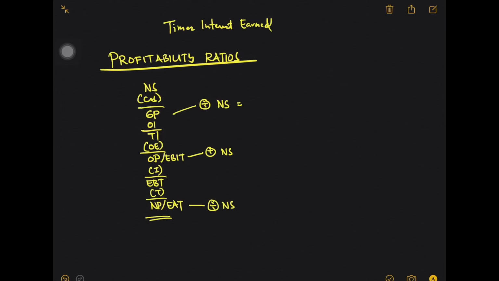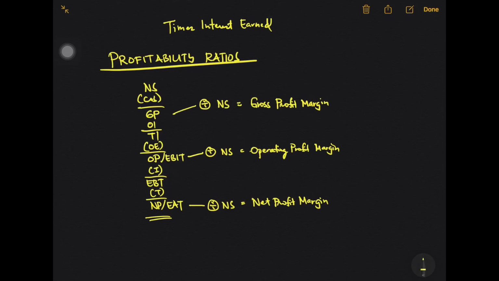This will give you gross profit margin, this is operating profit margin, and this is net profit margin. By just looking at the formula alone, this is just the proportion of the following profits and your net sales.